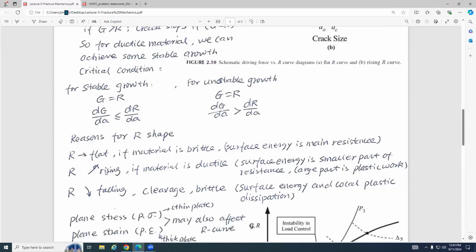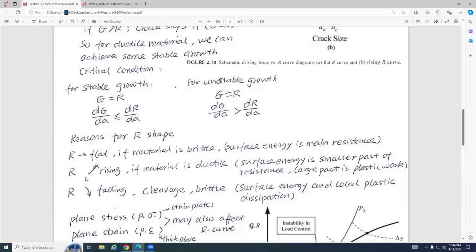However, if R is rising, okay? If the material is ductile and the surface energy is a smaller part of resistance, that means a large part is plastic work. If this is the case, R is rising.